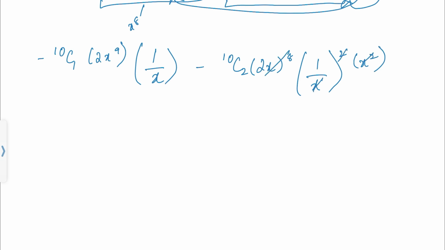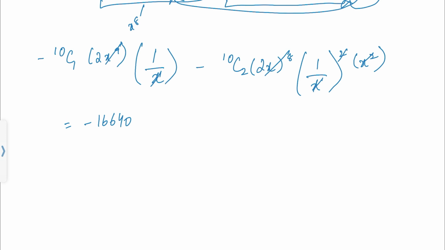So this x would be x powered 6. So we'll be cancelling all of this. X powered 8. This would give us our final answer as minus 16640.